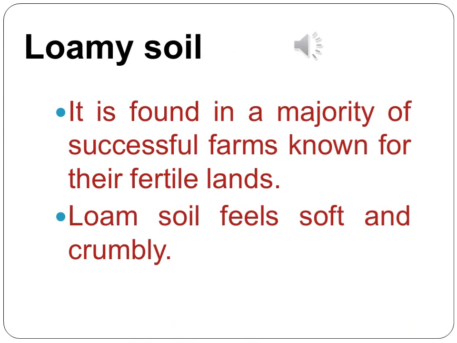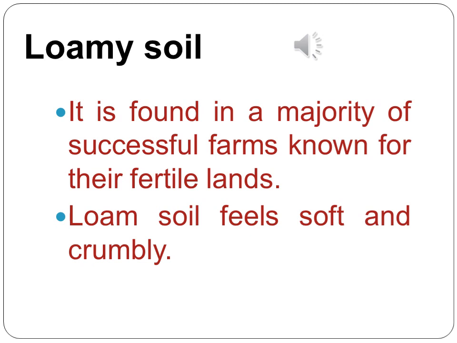Loam is found in a majority of successful farms in regions around the world known for their fertile lands. Loam soil feels soft and crumbly and is easy to work over a wide range of moisture content.